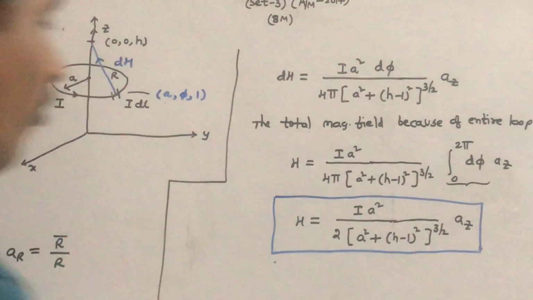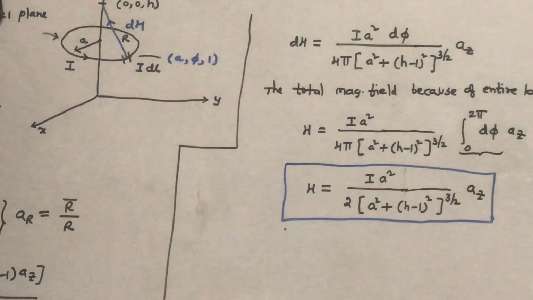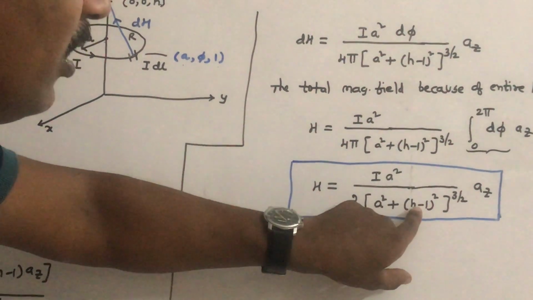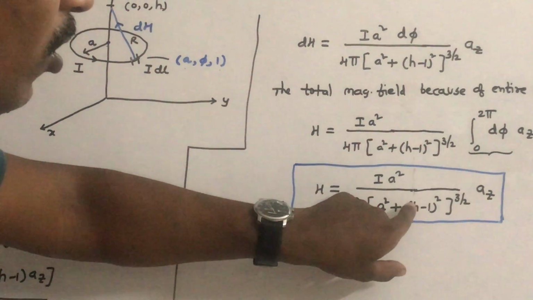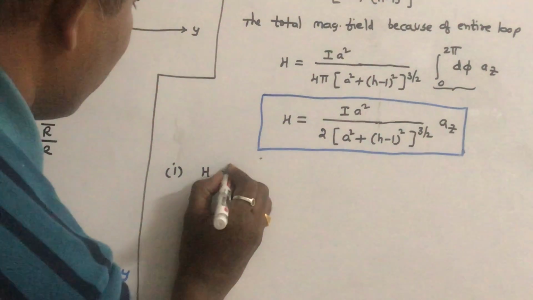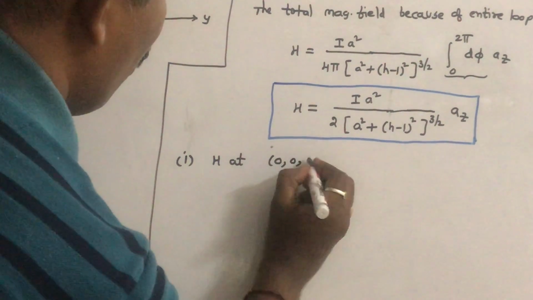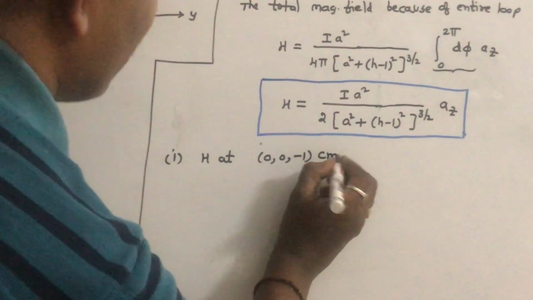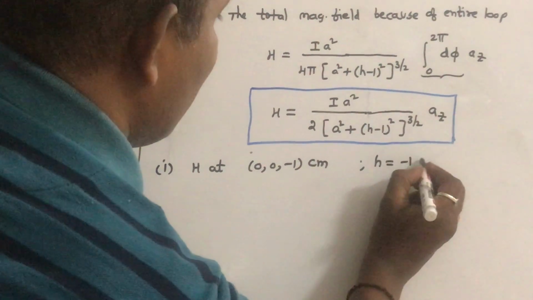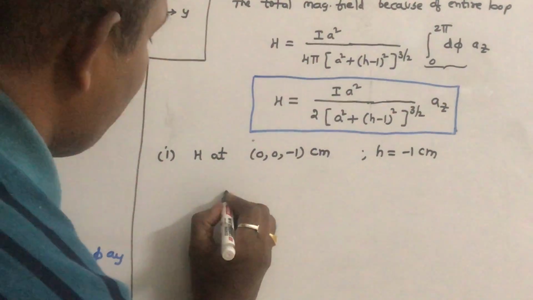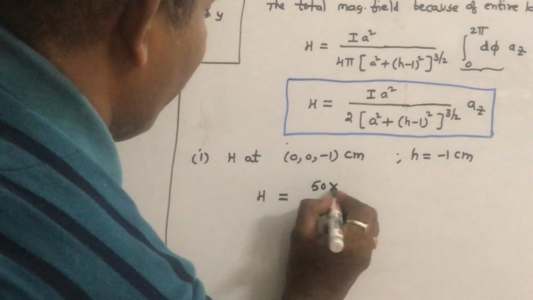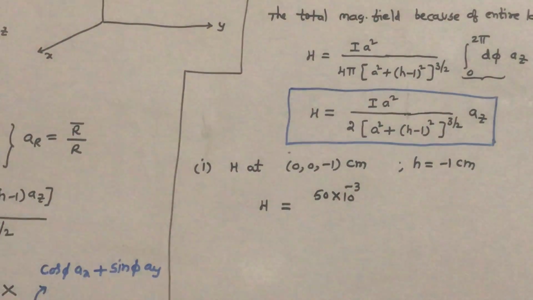Now let us substitute different points in this equation, because the height h is varying. Let us find out first what is the first point given. H is asked at (0, 0, minus 1 centimeters). So h is equal to minus 1 centimeter. Substitute all these parameters in this. I is 50 milliamperes, so that is 50 into 10 power minus 3.